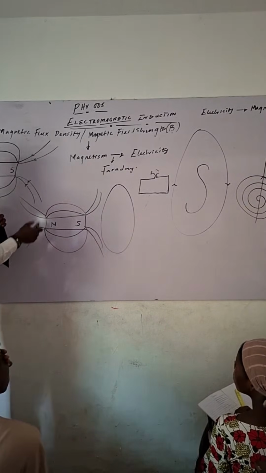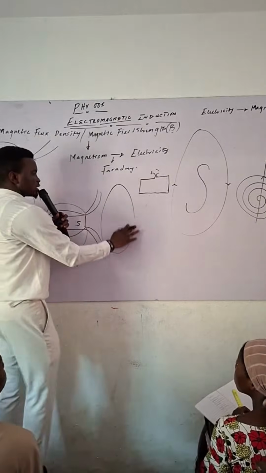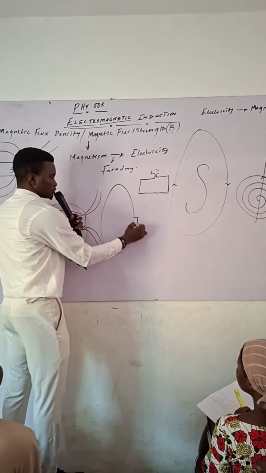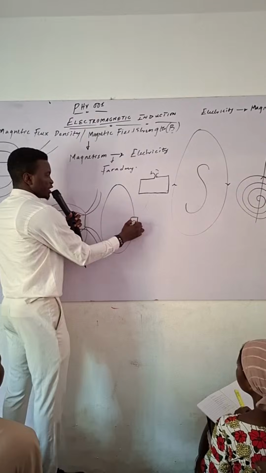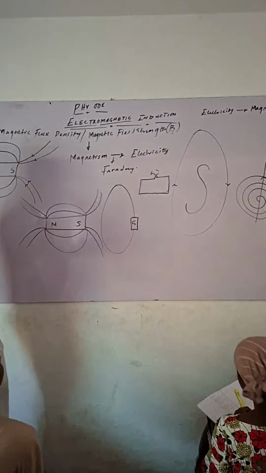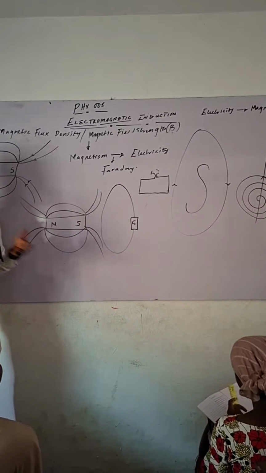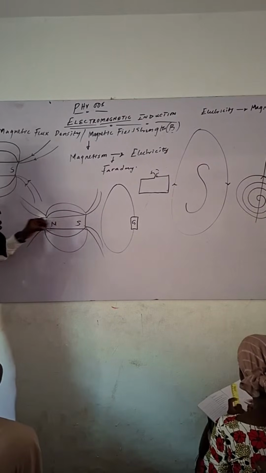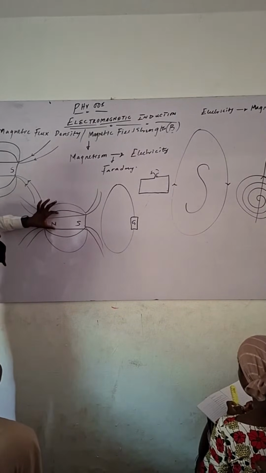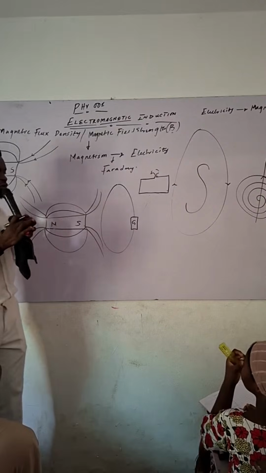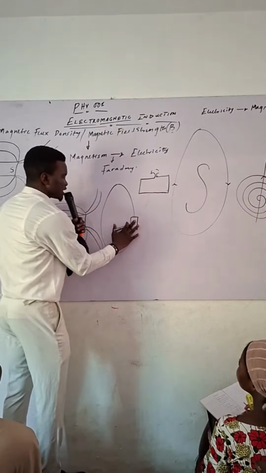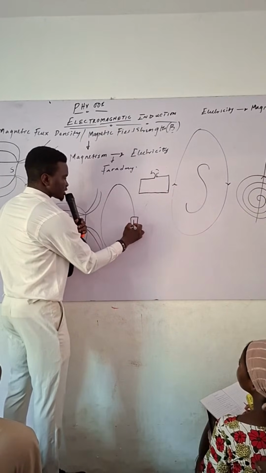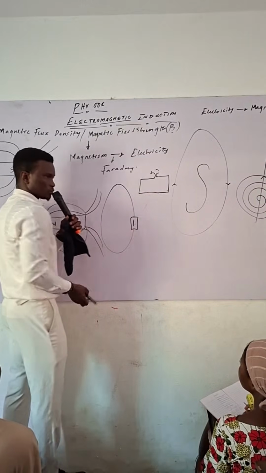So he noticed something. He now connected a galvanometer. A galvanometer is an instrument that is used to detect current, which you have read yesterday. Now, when you move this thing, you notice that this galvanometer shows a deflection.